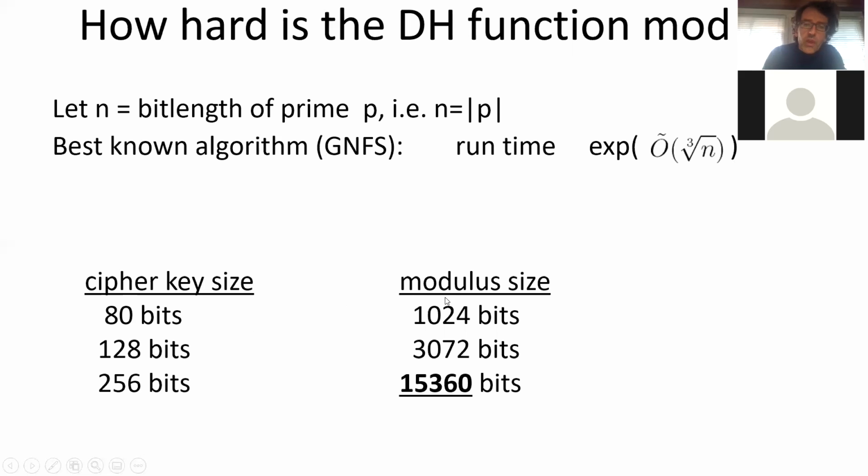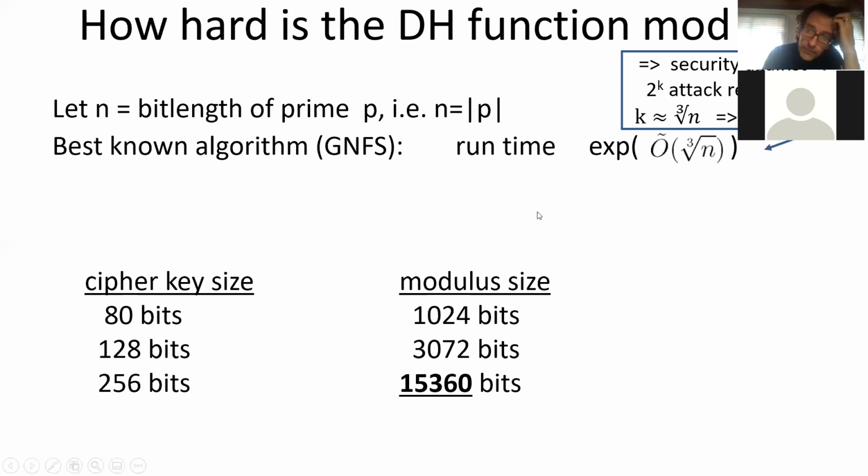And look, the attack is 2 to the third root of n.